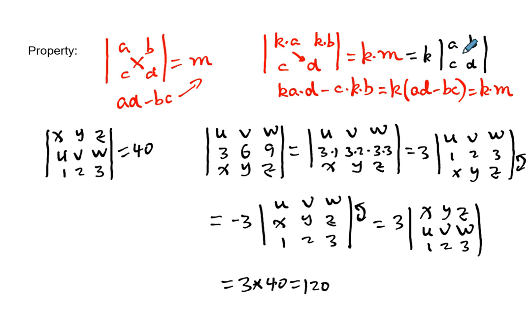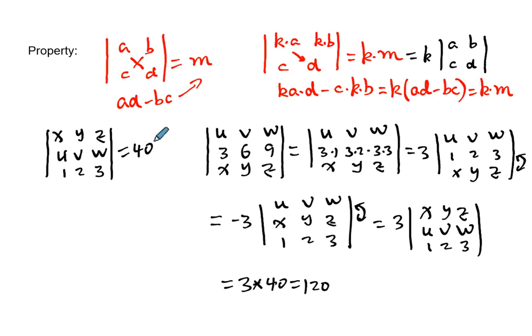So that's how we got that. That's a general proof for 2 by 2, but it applies to 3 by 3, 4 by 4. Mathematically, when you go to linear algebra, they have a formal proof over there.